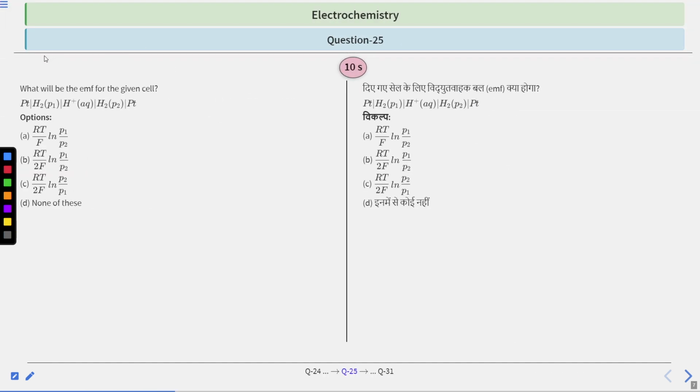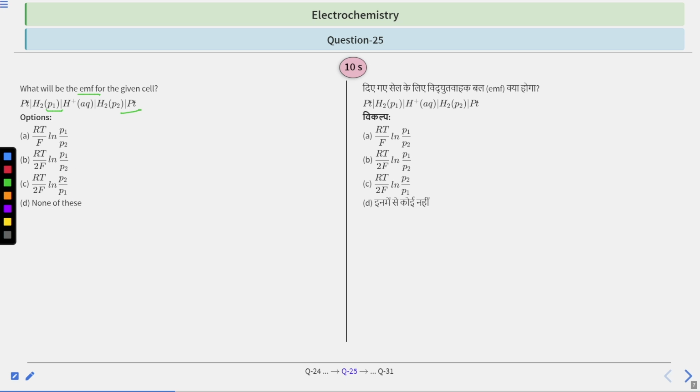Question number 25. What will be the EMF for the given cell? The cell is given as Pt, H2 at P1, H+ aqueous, H2 at P2, Pt. Options are RT by F ln P1 by P2, RT by 2F ln P1 by P2, RT by 2F ln P2 by P1, or none of these.